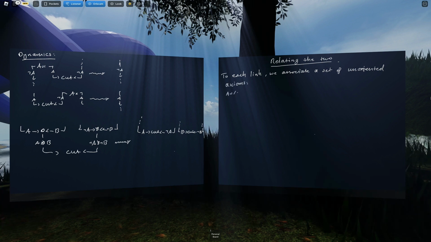So in the axiom and cut link example, we have A and we have negation A, and then we have A and negation A in the cut case. Then we say A is some formula, and it's a compound formula that is built out of atomic propositions.